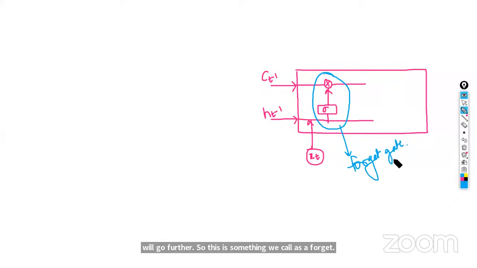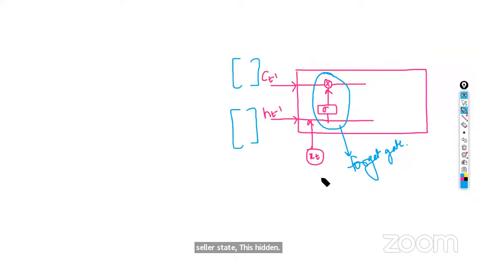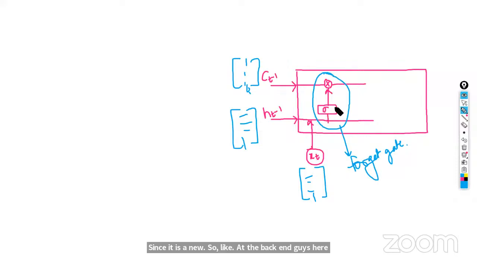Now, as I told you, whatever inputs we have, this cell state, this hidden layer output, and this current input, all of these are some vector representation. It's like 1, 1, 1, 0, 0, some values, a vector representation of all these words, since it is a neural network. Here they are using sigmoid as an activation function, which is used for classification purposes.